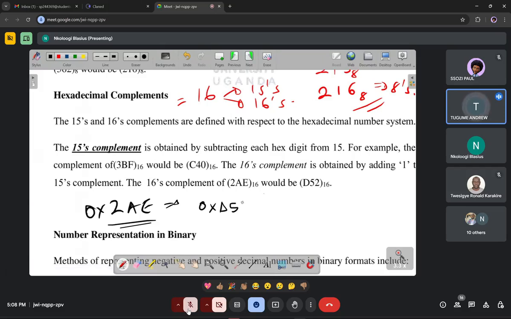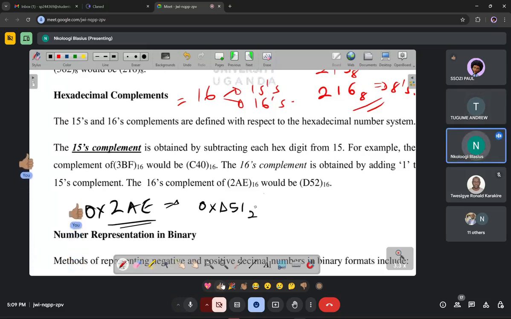Then 15 minus E, which is 14, is 1. Exactly.